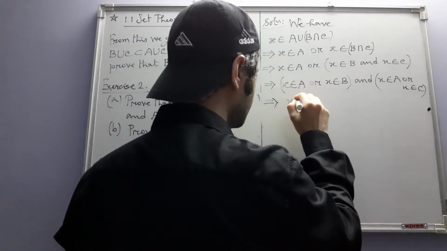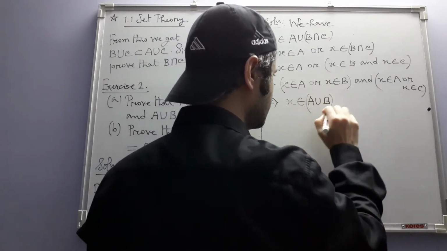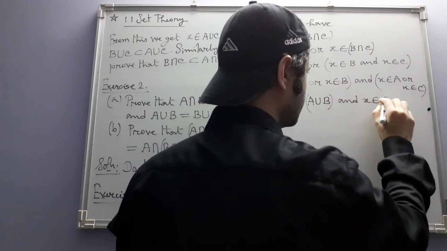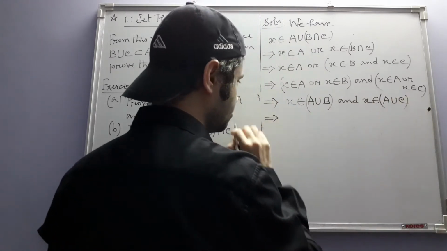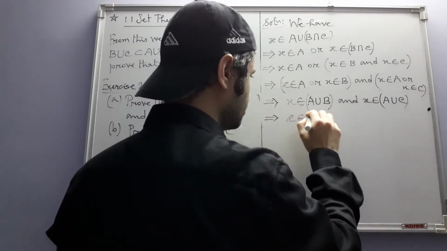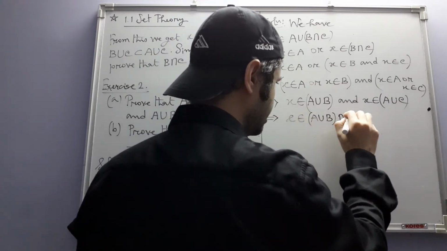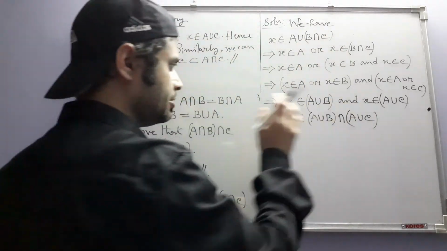This means x belongs to A union B, and this means x belongs to A union C. Finally, this means x belongs to A union B intersection A union C. So any element in this set is here.